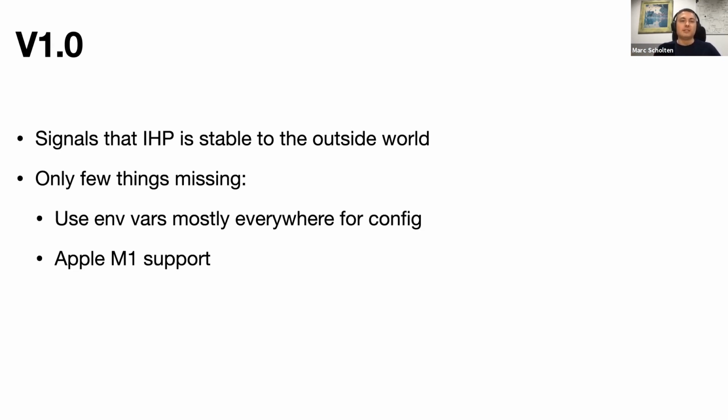One is definitely the config setup. Right now, we still have the Config.hs file. It turns out it's not a good solution, because for deployment it's actually not that nice. It's better to have environment variables.